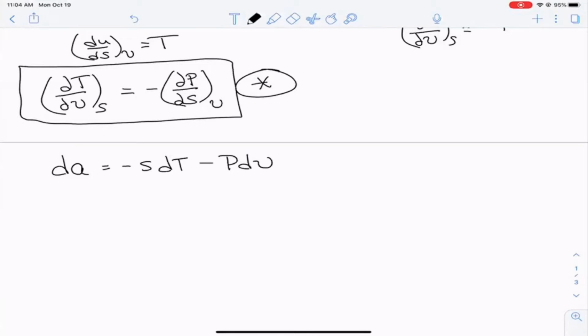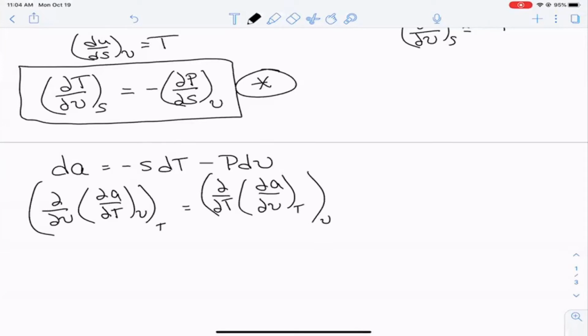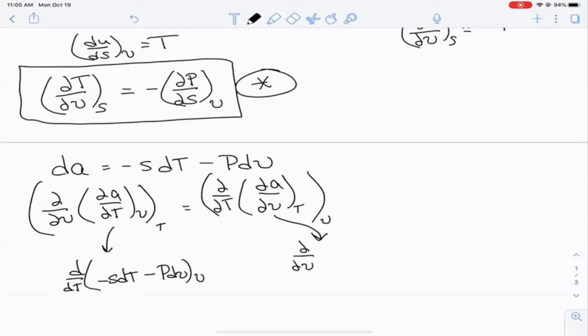And if we do that, we have that d over dV of dA dT at constant V, and that's done at constant T, equals d over dT of dA dV at constant T, and that then is taken at constant V. In the Helmholtz potential, this term is like taking d over dT of minus S dT minus PdV at constant V. And this term over here is like taking d over dV of minus S dT minus PdV at constant T.